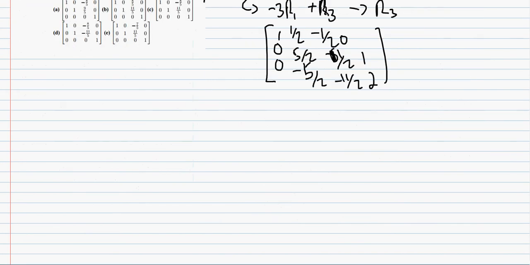So the next step we can work on is that I want to get a 1 in the second row. In this row I want to get a leading 1, because that's our plan, right? We want to just get leading 1s and work from there.